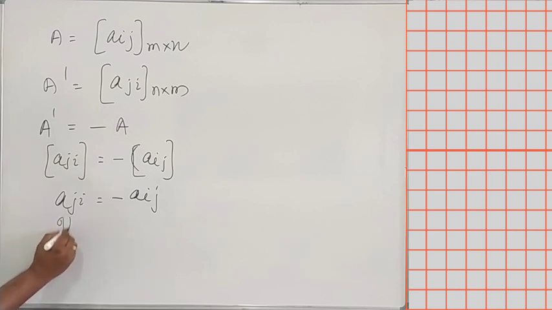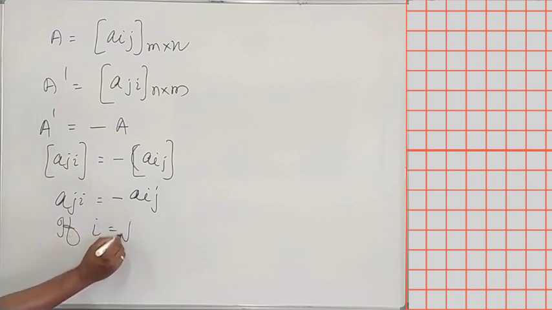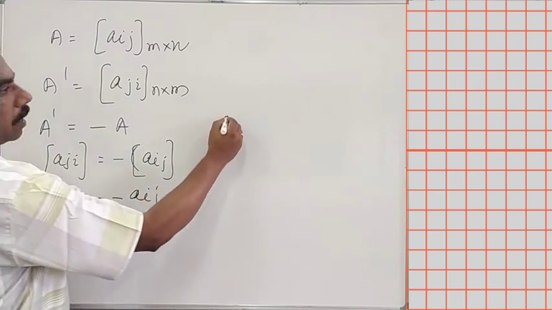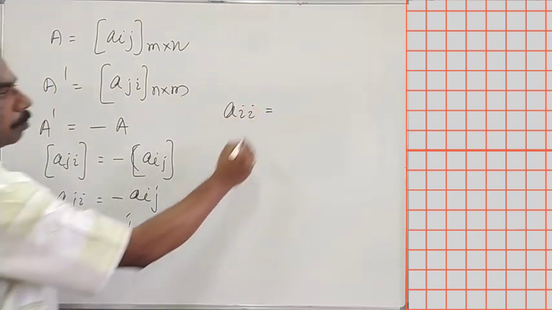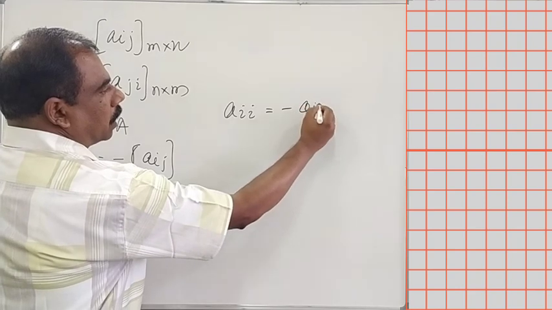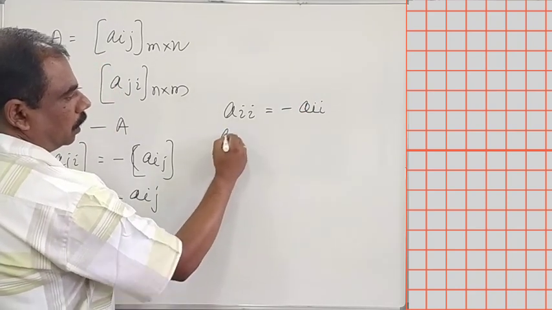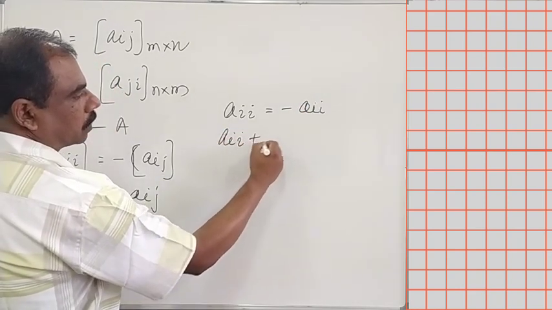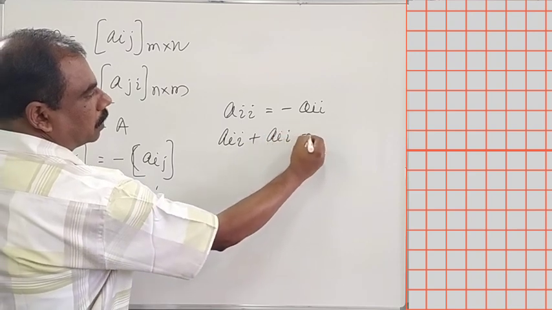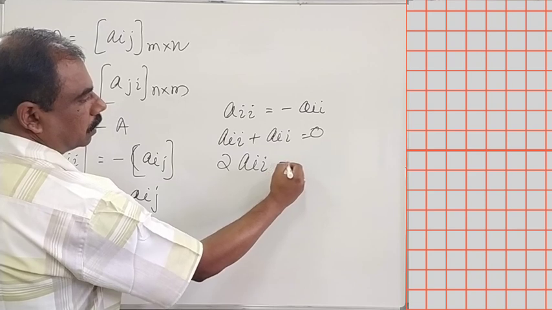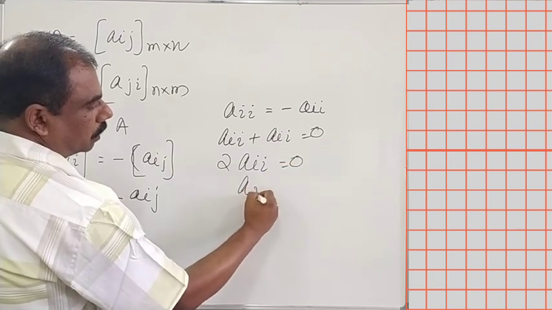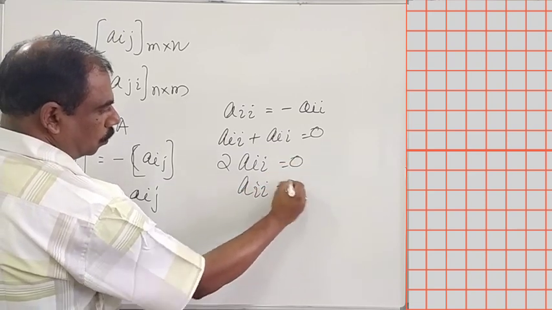If we put i is equal to j, then we get Aii is equal to minus of Aii, or Aii plus Aii is equal to 0, or 2 times Aii equal to 0, which implies Aii is equal to 0.